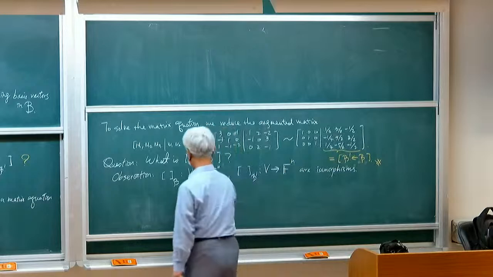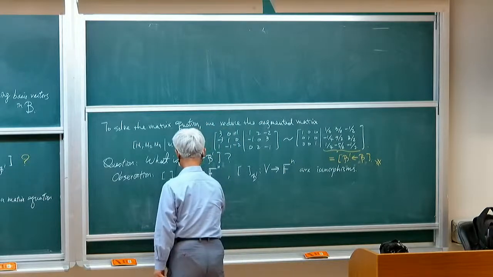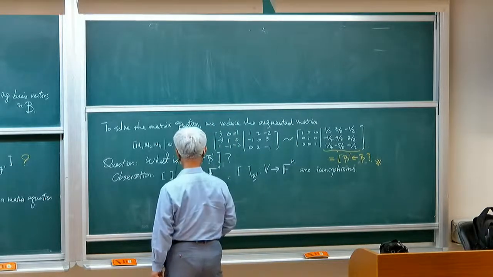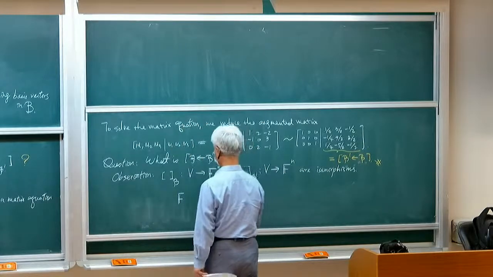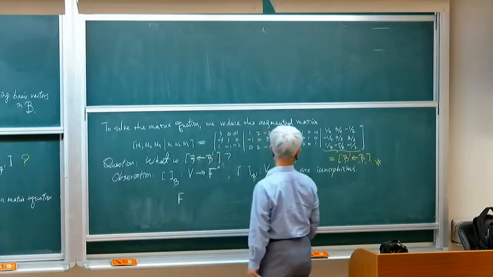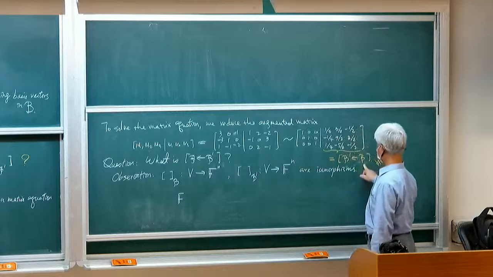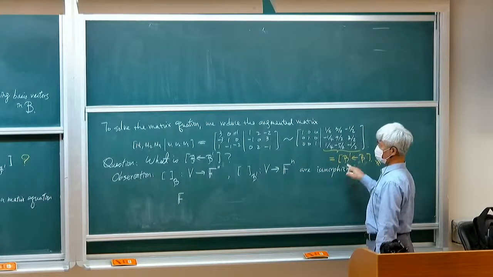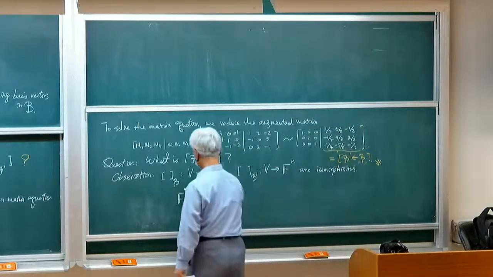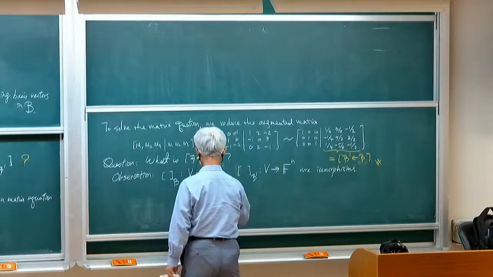So to do the coordinate change from the B coordinate system to the B prime coordinate system, actually we do it this way.